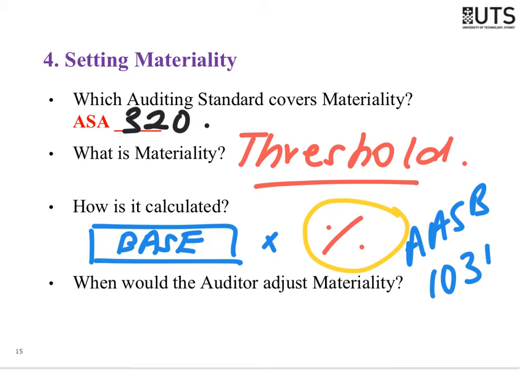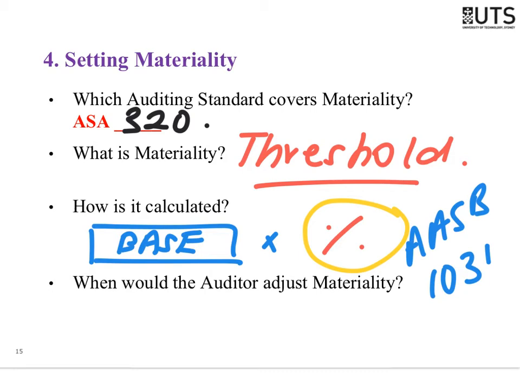For the purposes of your exam, you don't have this level of judgment yet, so I'm not going to test you on your ability to calculate materiality, but I will definitely test you on your ability to identify whether something is material. Material means significant, significant enough to change someone's decision. That's the definition of materiality, and we're going to delve more into that next week as well.